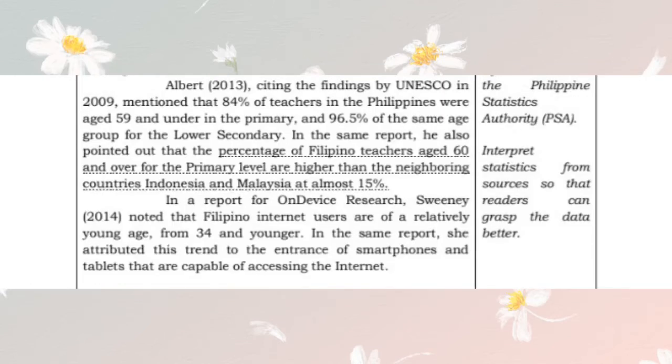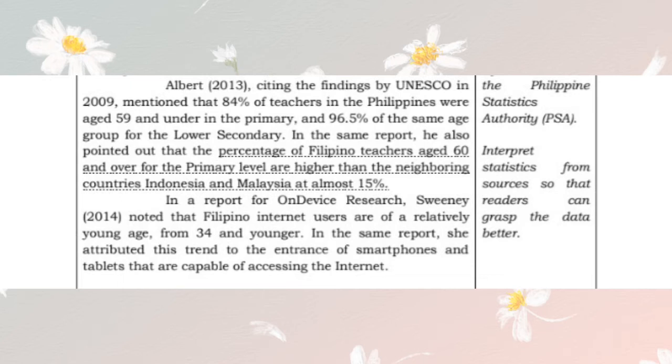Demographic information is best sourced from government agencies such as the Philippine Statistics Authority. Albert, citing the findings by UNESCO in 2019, mentioned that 84% of teachers in the Philippines were aged 59 and under in the primary level and 96.5% of the same age group for the lower secondary.